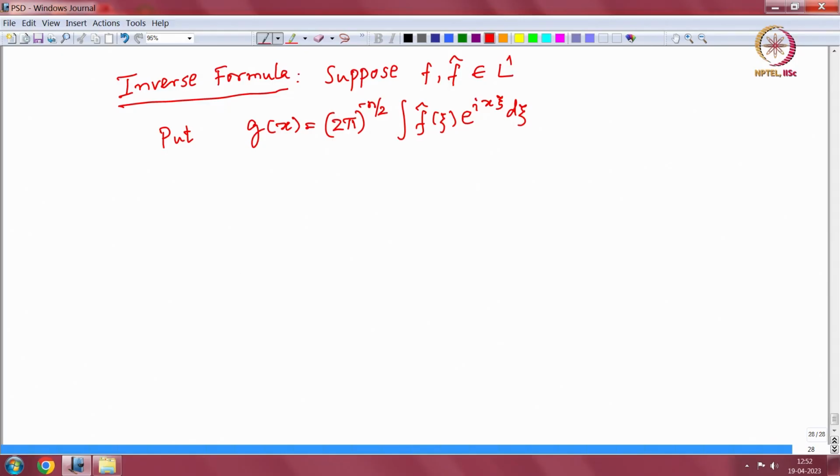The only change here is the change in the exponential sign: instead of minus we are taking plus. So, g is again continuous and bounded. All those things can be said because f cap is in L1. So, what is the relation between g and f?